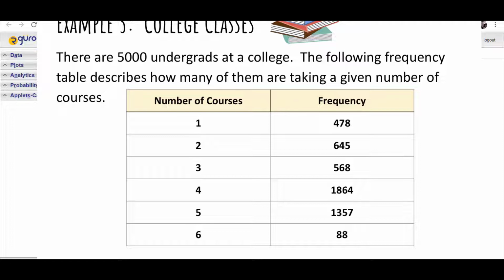If you add these together, that totals 5,000, which means we can find the probability of each. So the probability of 1 is 478 out of 5,000. The probability of taking 2 courses is 645 out of 5,000 because you put the number of ways it can happen out of the total. So we keep doing that. You can pause the video and finish this, and then I'll go over the answers.